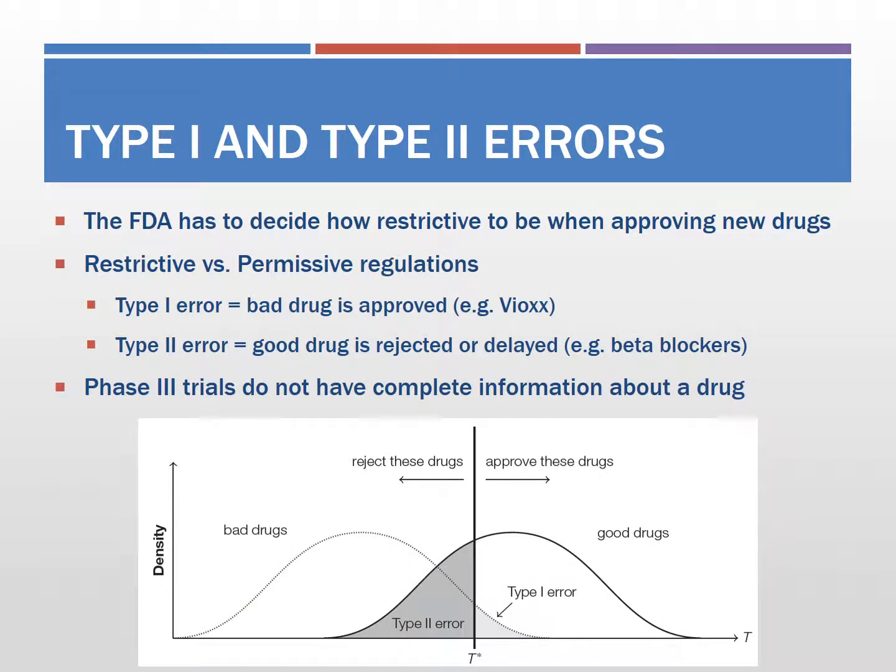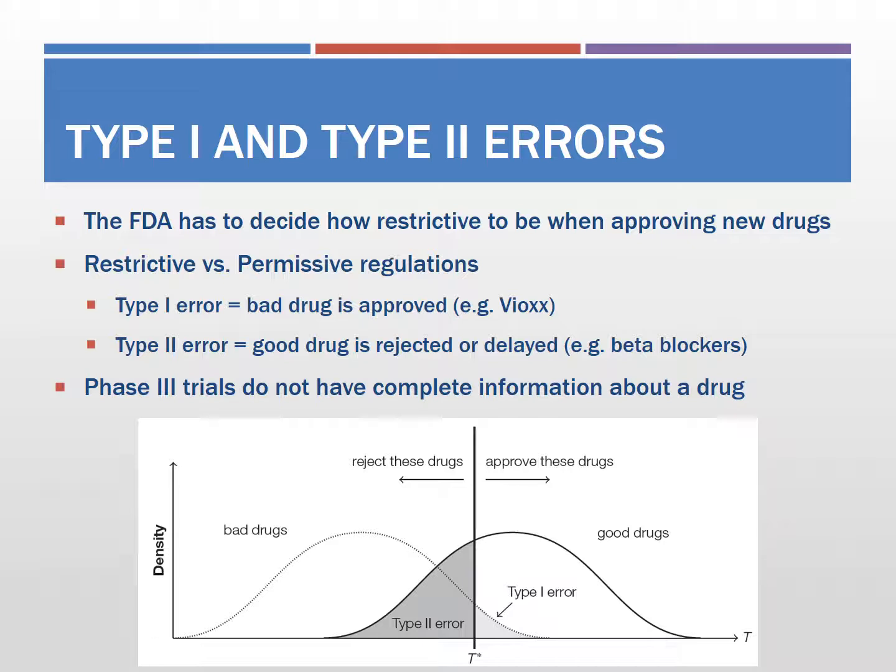One of the most controversial topics in the case of FDA regulation is whether to pass or not pass drugs to the markets. Whether we are passing a bad drug or not passing a good drug, it involves error.